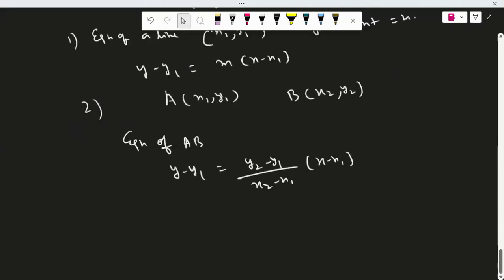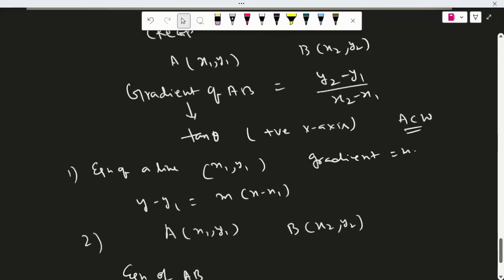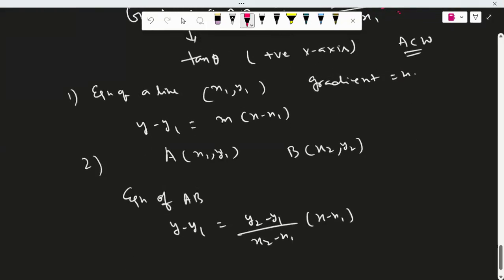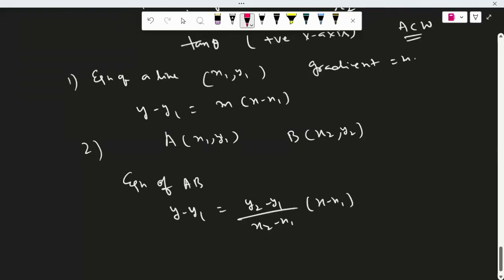If 2 points are given, then the formula is y minus y1 equals m times x minus x1, where m is (y2 minus y1) over (x2 minus x1), the gradient of AB. So in place of m in the first form of the equation, we just put the formula for the gradient.